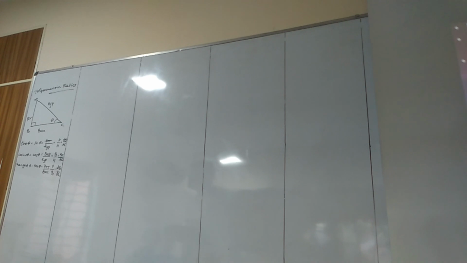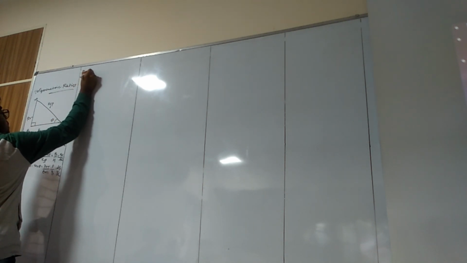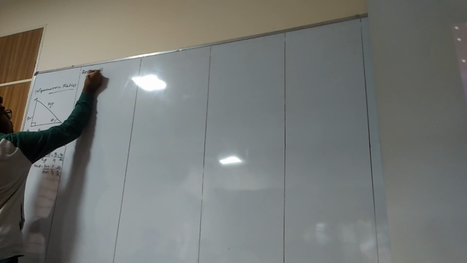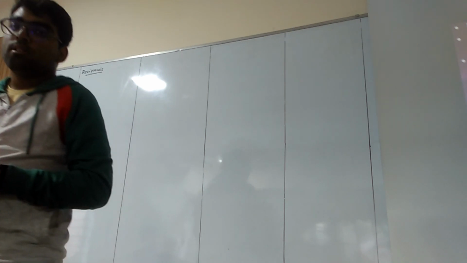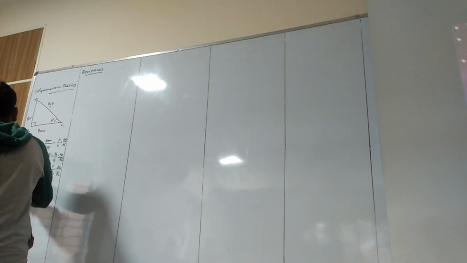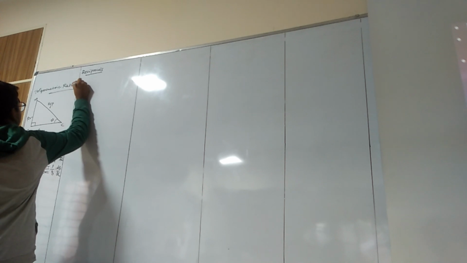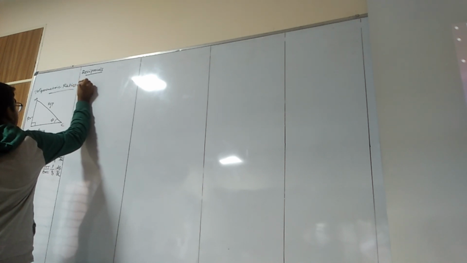Once we are done this much, we come to the reciprocals. What are the reciprocals we spoke about? We'll take it in the order. Cotangent.